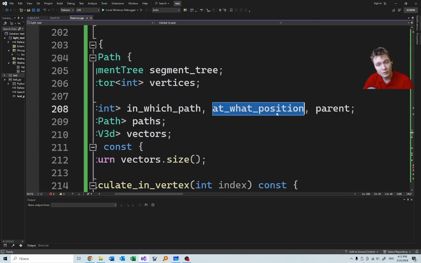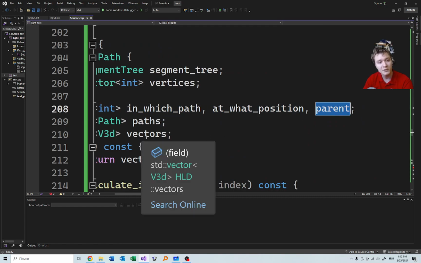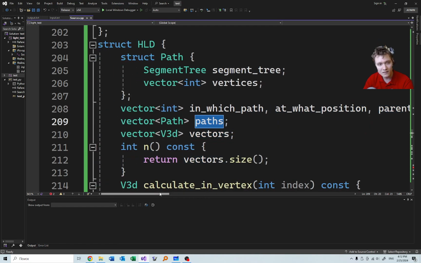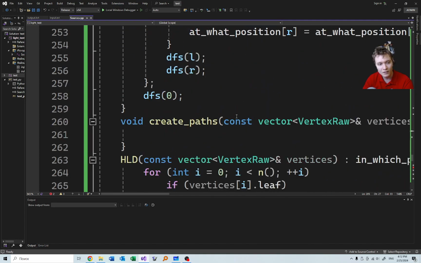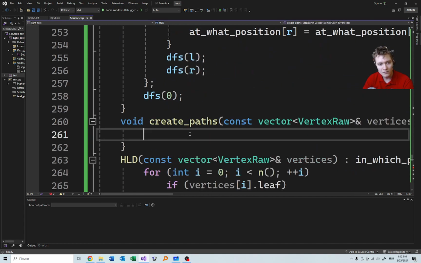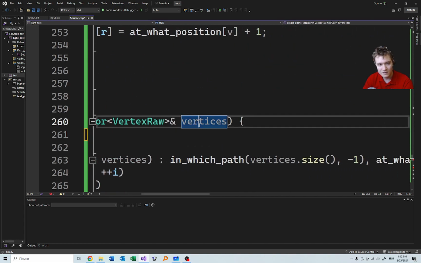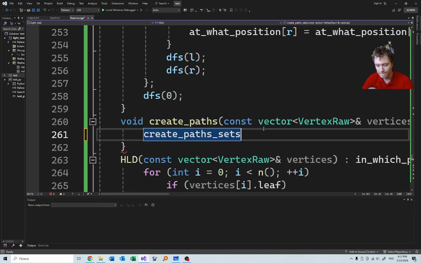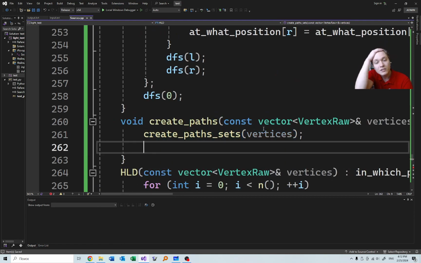We do have at what position. We have parent, we have vectors, and in paths we have vertices, but we don't have the segment trees. So the only thing that is left is to construct segment trees, and it can be done for each path independently.